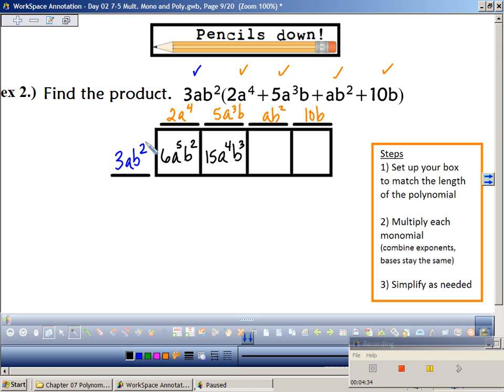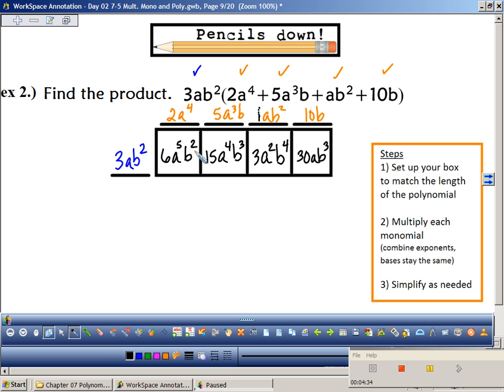That one's done. 3 times, there's an invisible 1 in front of there, so that's just 3 times 1 is 3. A times a is a squared, and b squared times b squared is b to the fourth. 3 times 10 is 30. A. B squared times b squared times b is b cubed.